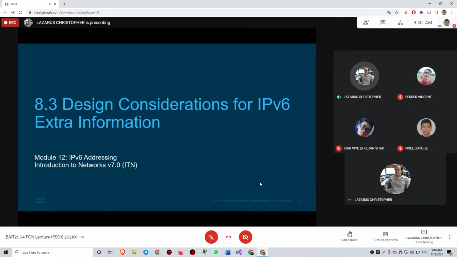Now, before we move to IPv6, I remember I asked a question to you earlier on. I don't know whether you remember the question I asked. Why do we have a big jump from IP version 4 to IP version 6? What happened to IP version 5?